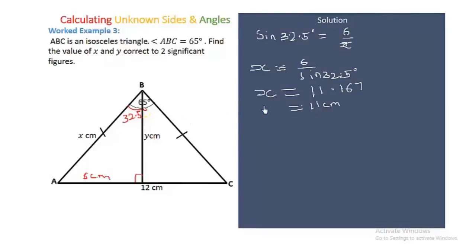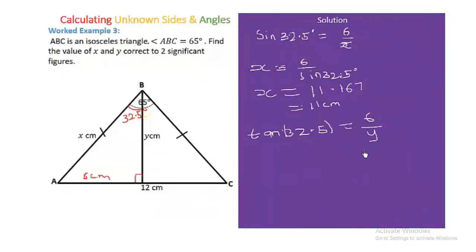Then we are asked to find y also. So for y, we can still use this, or we can still use this. So for y, we know that tan 32.5 will be equal to opposite, which is 6, over the adjacent, which is y, that we don't know.